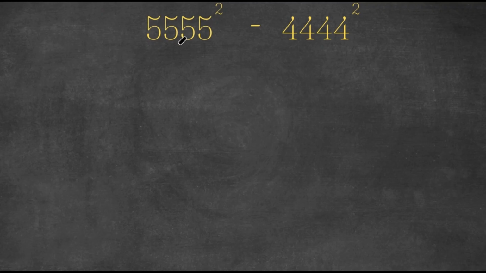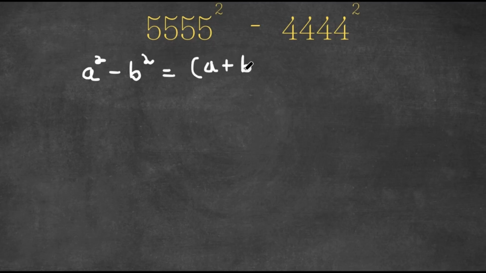So we have 5,555 squared minus 4,444 squared. And if we have something in the form a squared minus b squared, this can actually be written as a plus b times a minus b.